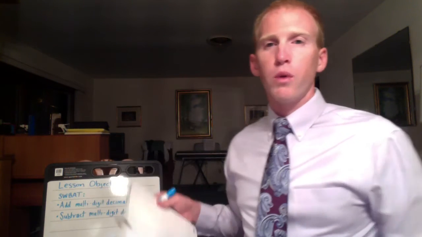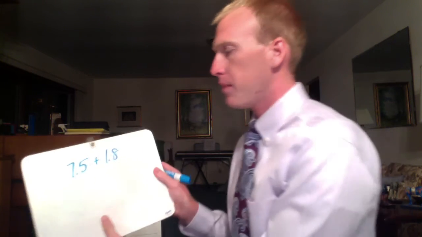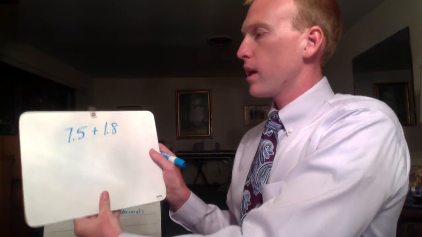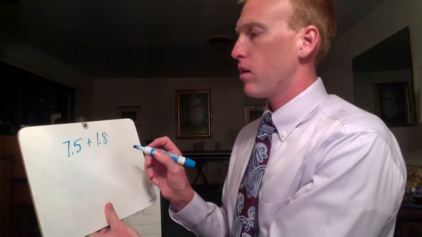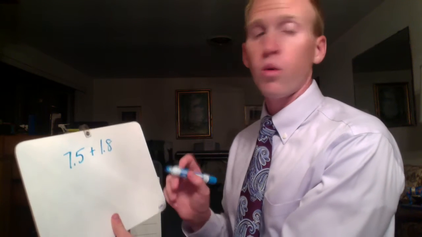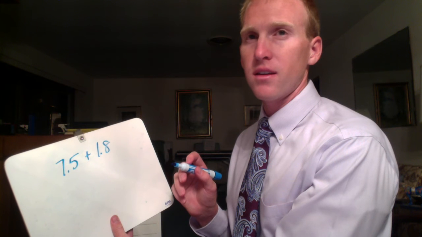All right, so now we'll be working with decimals. The first thing we're going to do is adding decimals. We're going to do 7.5 plus 1.8. Okay? And just like we line up our place values for whole numbers, the most important thing we're going to do here is line up the, what do you guys think?